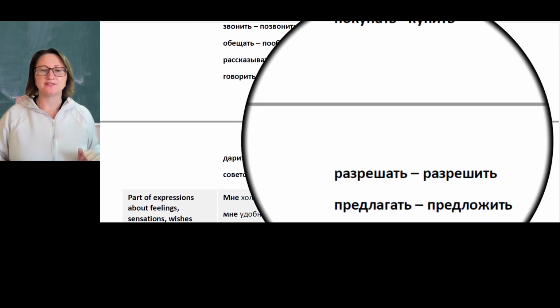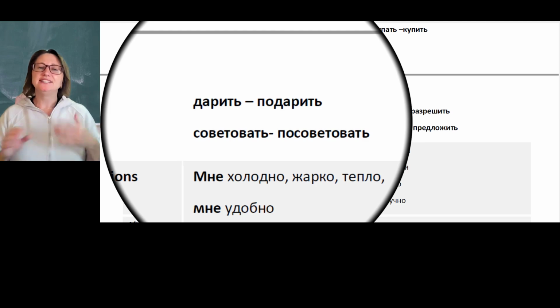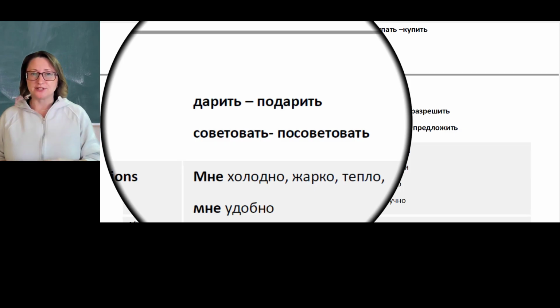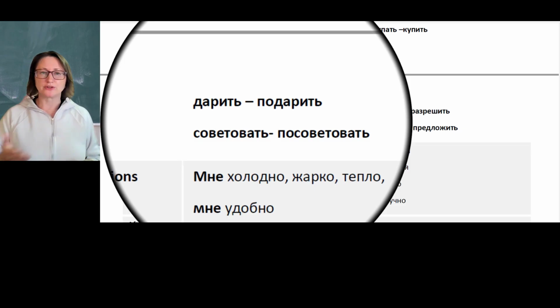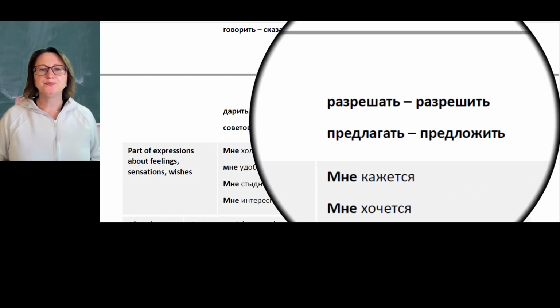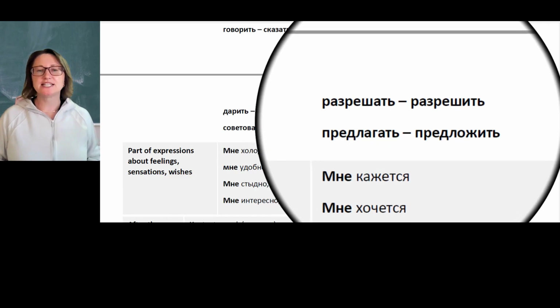There is more. I have another page. So here we have дарить, подарить, to give a present to somebody. Whoever we give a present to, dative. Советовать, посоветовать, to give advice. Whoever we give advice to, dative. And the last two, разрешать, разрешить, to allow. Whoever we allow or don't allow something is going to be dative.